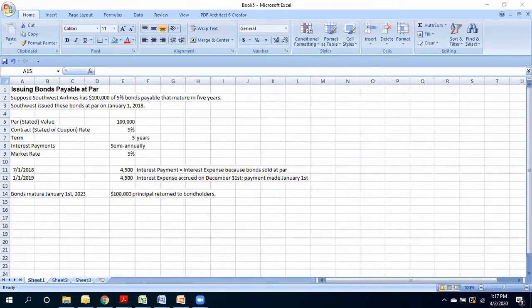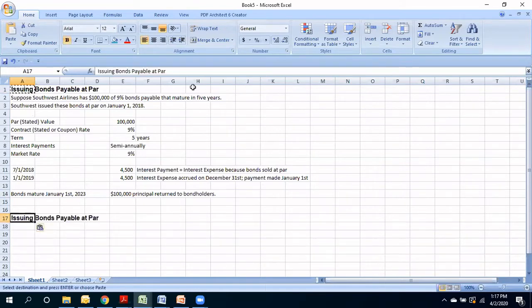And now we are going to turn our attention to issuing bonds payable at a discount. Let me put up almost the same information.